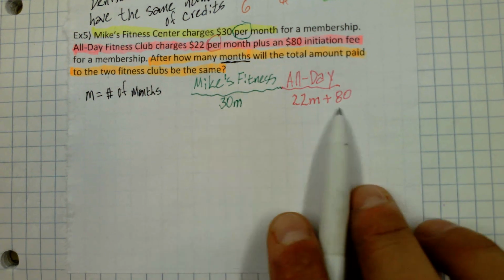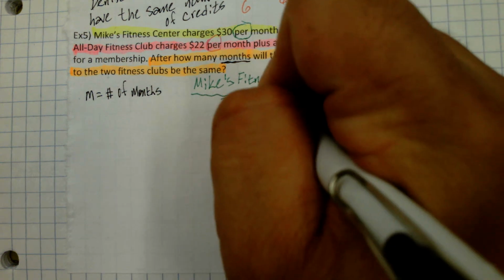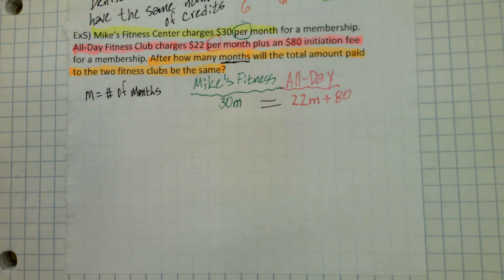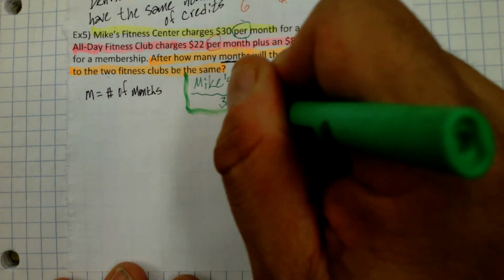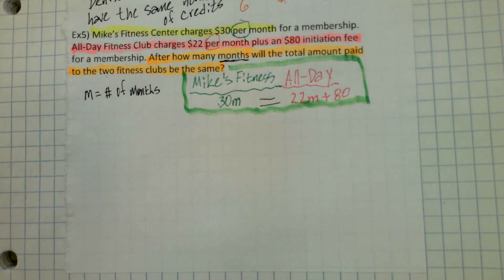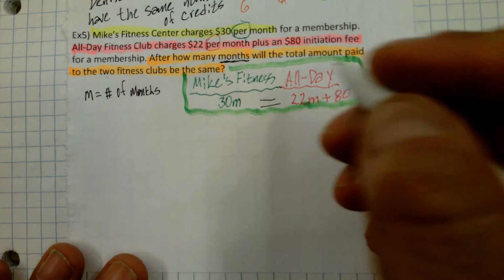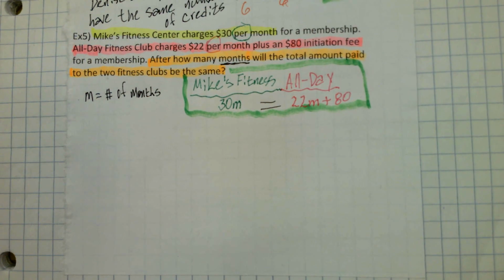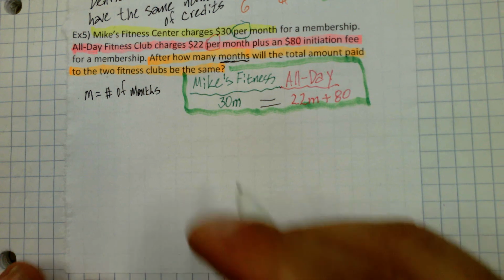This amount charged equals that amount charged. So this is our equation: 30M equals 22M plus 80. This is the equation we're going to use. So let's recopy it and solve it. And then whatever value we get for M is the number of months for them to charge equal amounts.